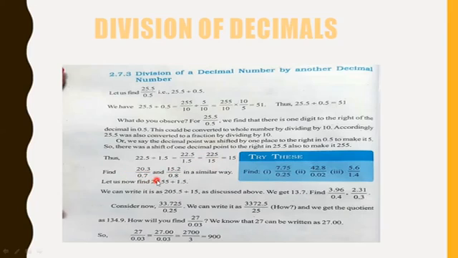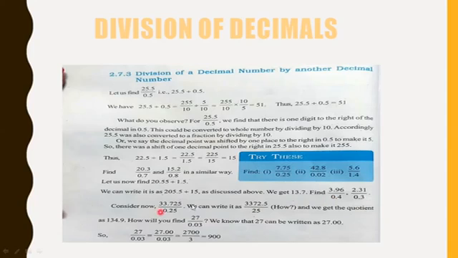Similarly, 20.3 by 0.7 and 15.2 by 0.8. Now 20.55 divided by 1.5 you can write as 205.5 divided by 15. As we discussed above, we get 13.7.